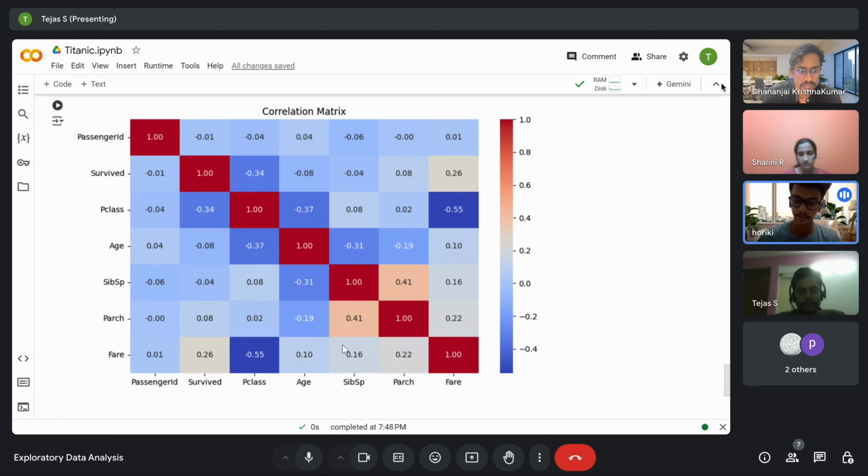Actually, I have a doubt. When do we remove features? We have to remove some which are not correlated, right? Where do you have that limit? You mean the outliers?